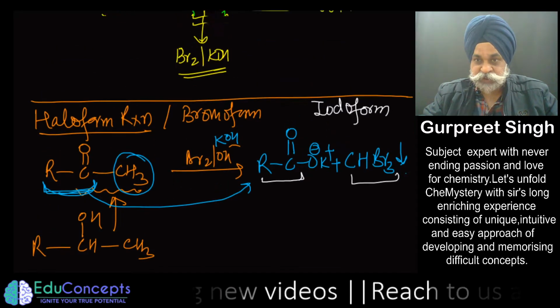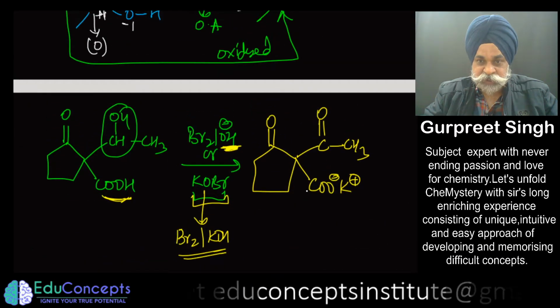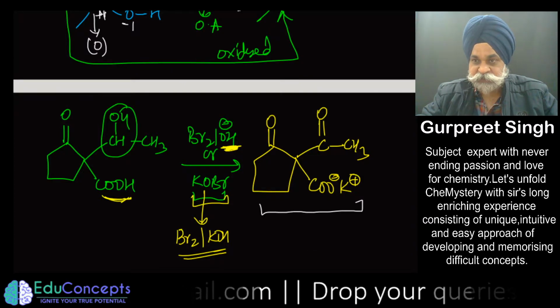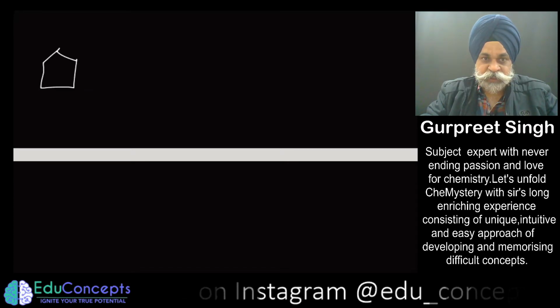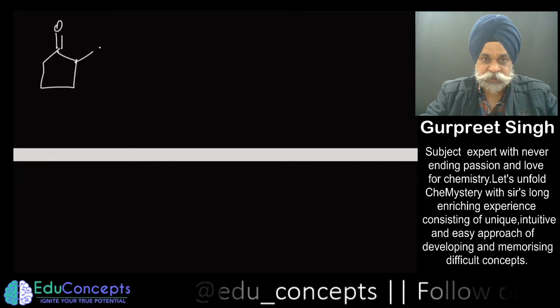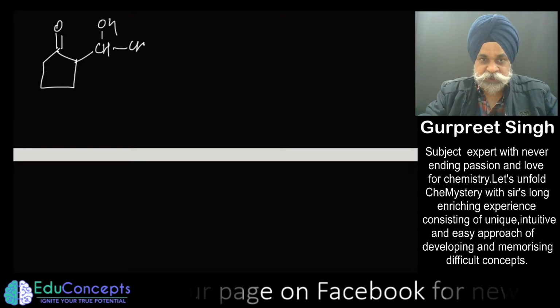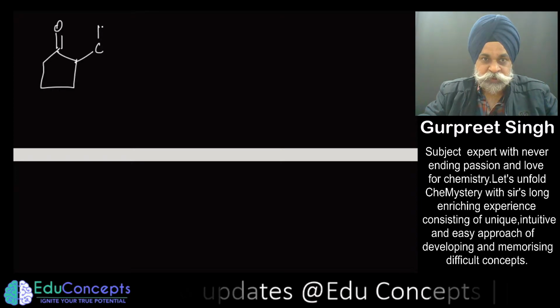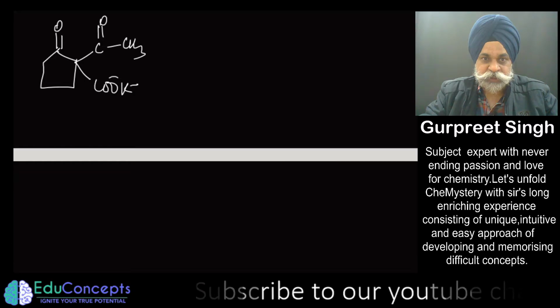So let us first solve this question, and you could see where we were, this is the stage we have reached. Let me write it once again. So this was the case where we were, sorry, this had been ketone, and here you have that salt.